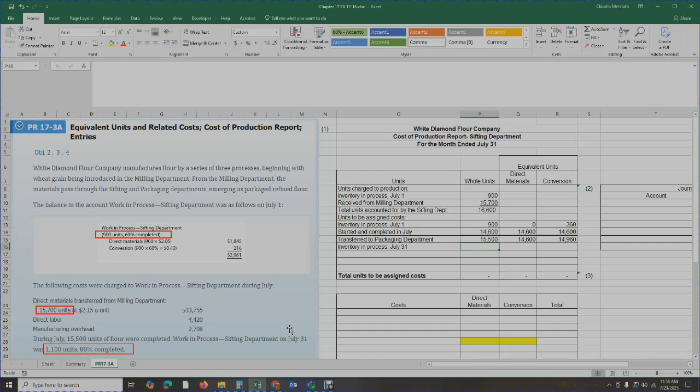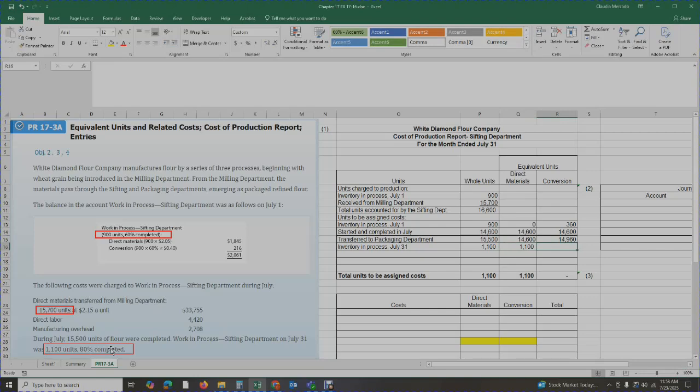According to the problem, we have 1,100 units right here that were not completed. For purposes of direct materials, when did we start manufacturing these products? We started in the month of July, so that means that the entire 1,100 is going to be assessed for direct materials.